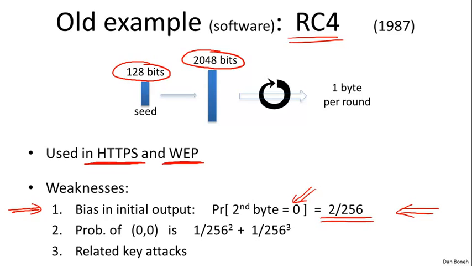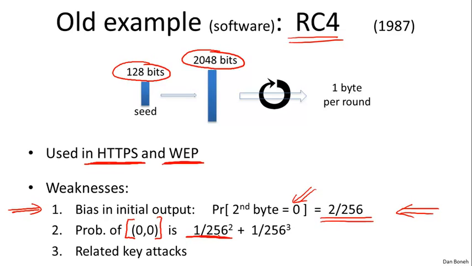The second attack that was discovered is that if you look at a very long output of RC4, you're more likely to get the sequence 00, 0. In other words, you're more likely to get 16 bits, 2 bytes of 00, 0 than you should. Again, if RC4 was completely random, the probability of seeing 00, 0 would be exactly 1 over 256 squared.